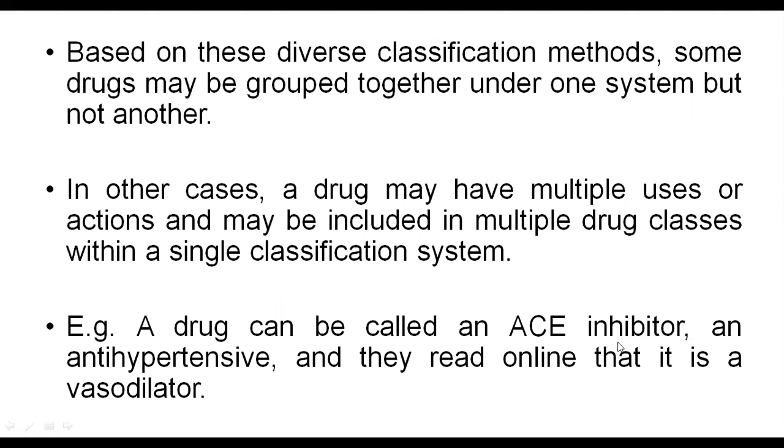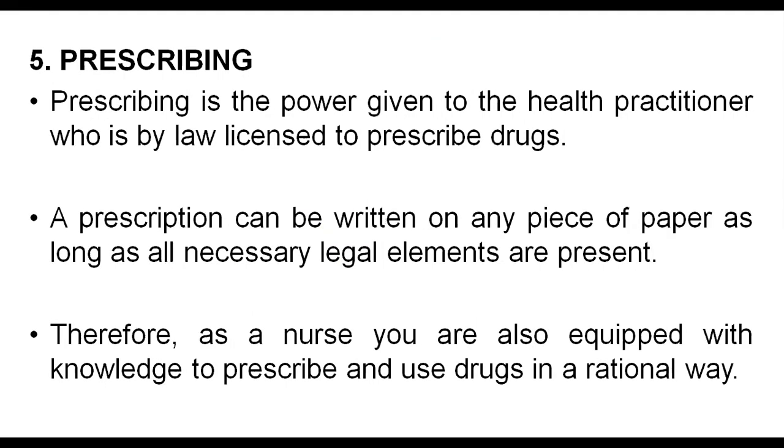At the same time, it will also be called an antihypertensive if we classify it based on therapeutic use. Then, if we classify it based on the mode of action, the same drug we're going to call a vasodilator. So you may find one drug will belong to several classes depending on which classification system you decide to use. So we are going to end here.